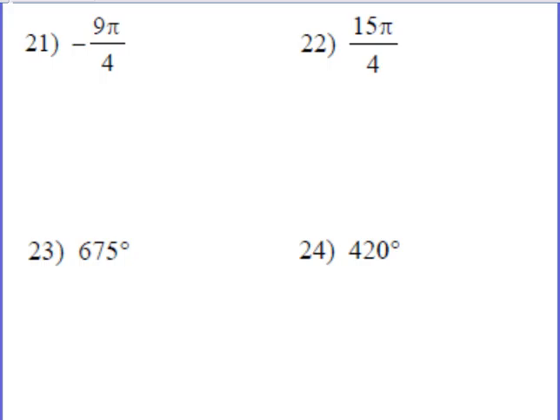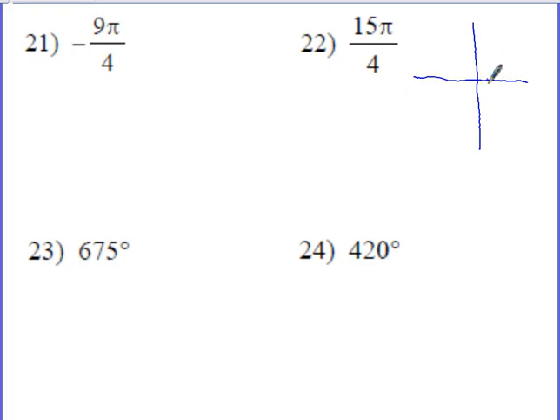I'll do one more example that's in radians, and then you're going to be on your own for finishing those. Sometimes the angle will not be drawn for you. They'll just give you the measurement. If that's the case, you need to draw it first before you do any calculation. So I'm going to draw this angle, 15 pi over 4.